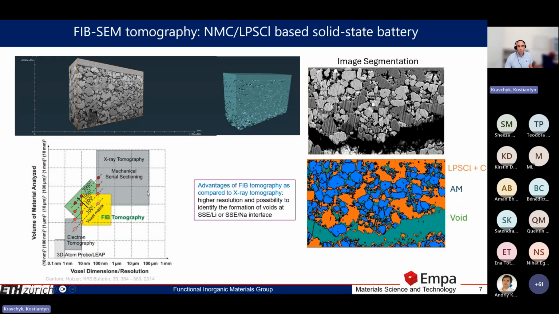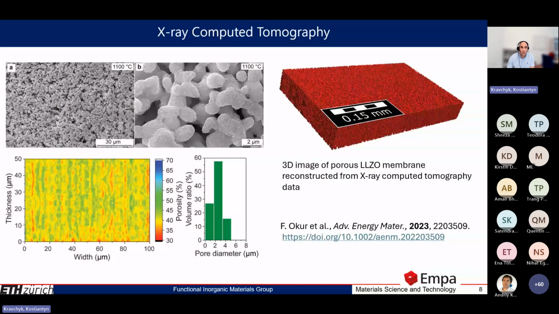But of course, X-ray tomography also can be quite handy if we are talking about characterization of large samples, and it's actually a much simpler technique and could be used also. Many labs actually have these devices which can do lab-based X-ray tomography. And here you see one example of X-ray computed tomography measurements of a porous LLZO membrane.